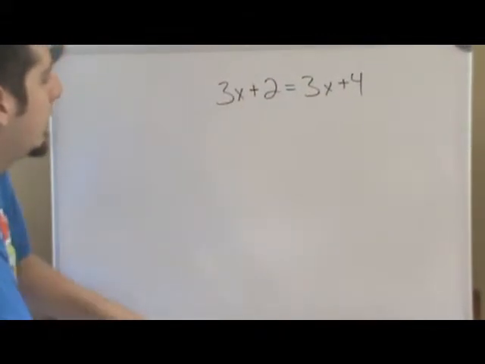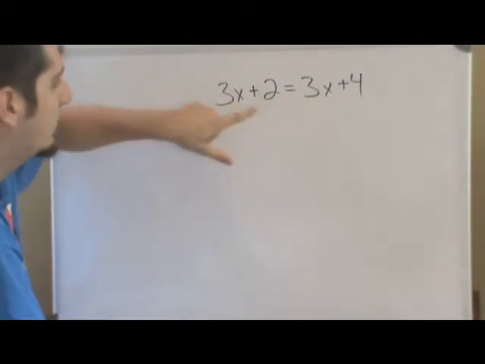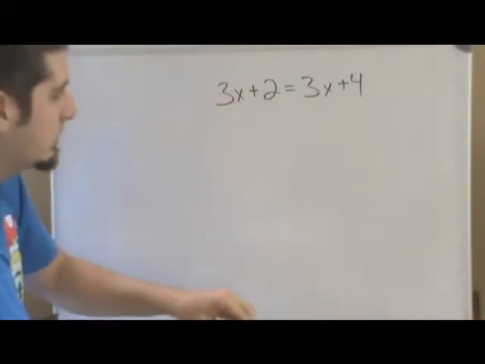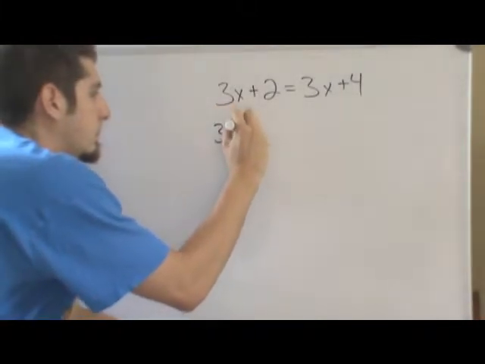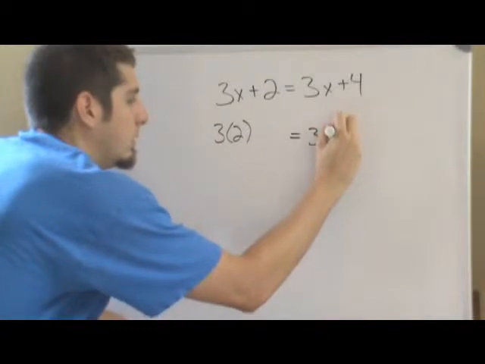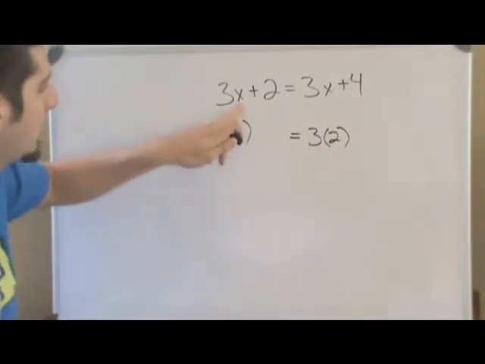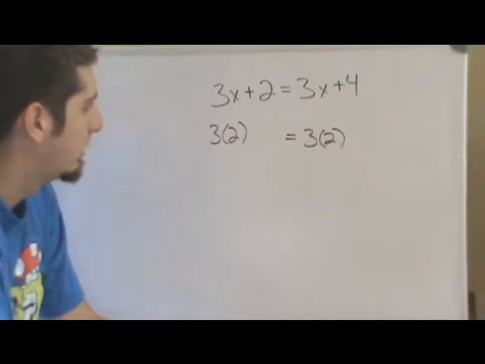But the fact that both expressions on both sides of the equation have the same variable means that no matter what number I plug in, it is going to get them the same answer, because whatever I plug in for x on the left side, I have to plug in for x on the right side.